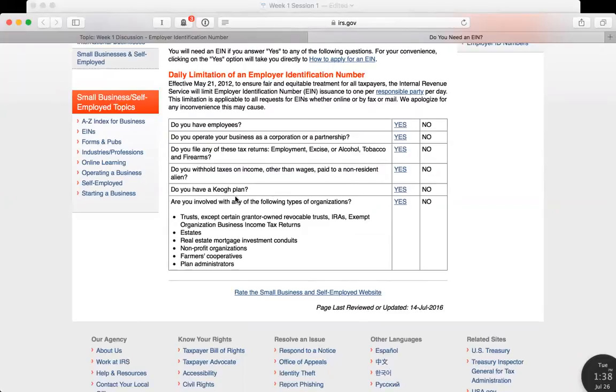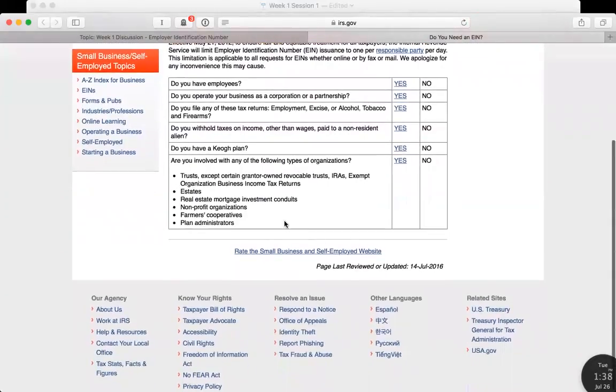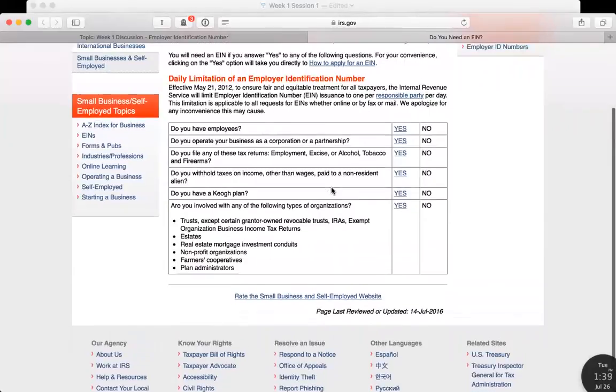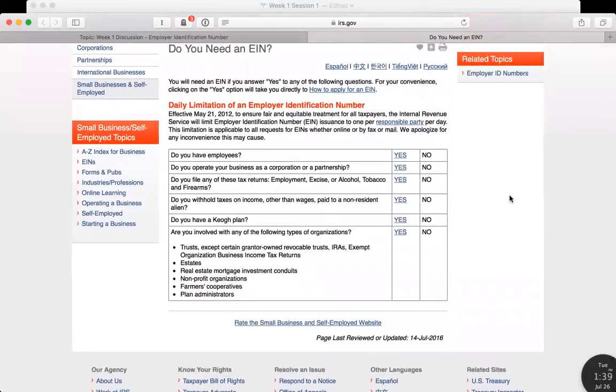Do you have a keg plant? If you don't know what that is, you don't have one. Are you involved with any of the following types of organizations? If you have trusts, estates, real estate mortgage investment, nonprofit organizations, farmers cooperatives, or plan administrators, you need to have an EIN. As you can see, based upon that, there are a lot of freelance graphic designers that have no legal need for an EIN.